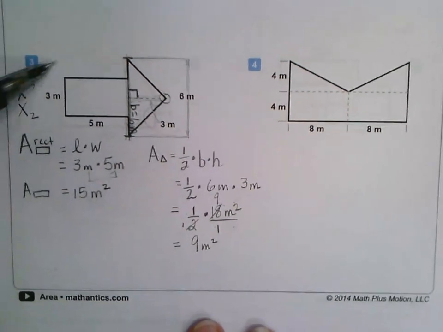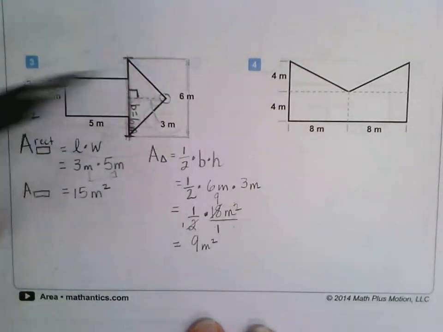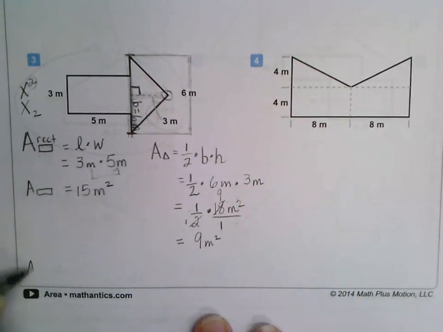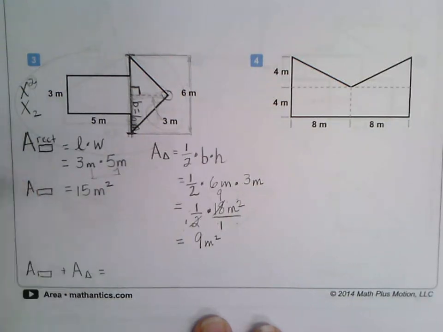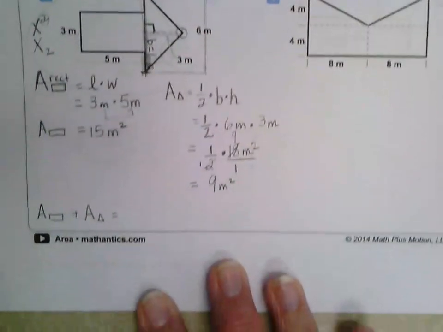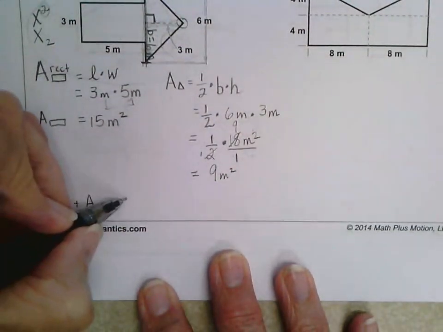Now, how do we find the total then, Ilaria? We have to add the area of the rectangle and the area of the triangle together. Right, so that would be?